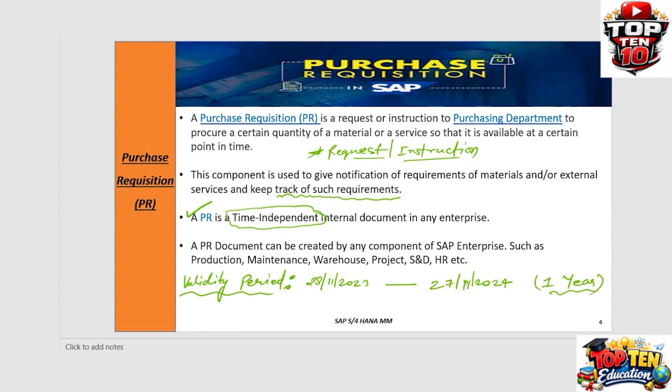That document will not be valid after this date, so it will be a time dependent document. But when you look at the purchase requisition, there is no such validity period. That is why a purchase requisition is a time independent internal document in any enterprise.